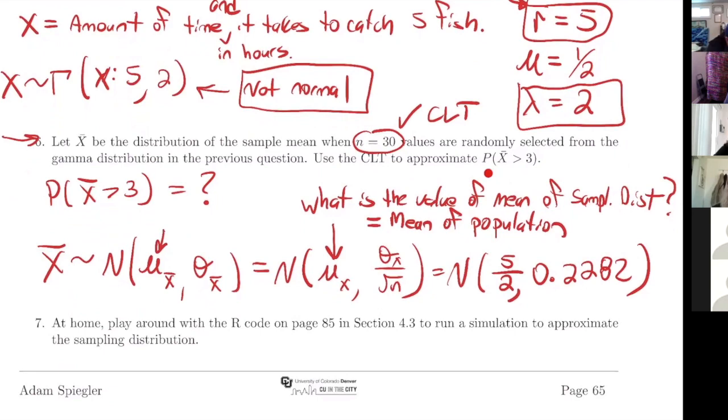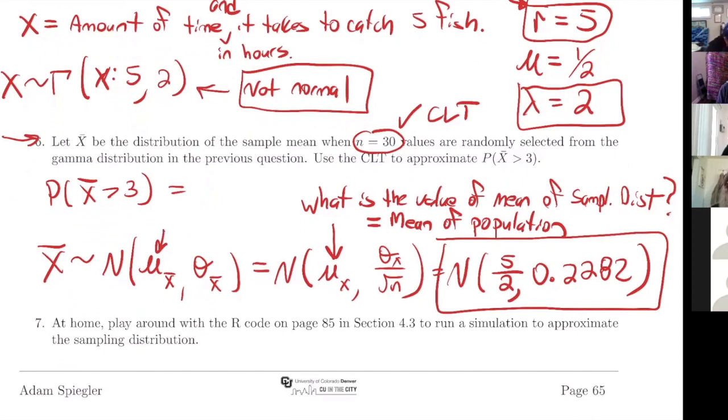So if we wanted to calculate what is the probability that X bar is bigger than 3, knowing what we know here now about the distribution for X bars, I'd like you guys to chat me in.